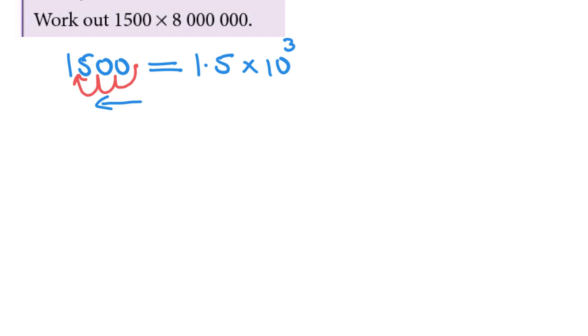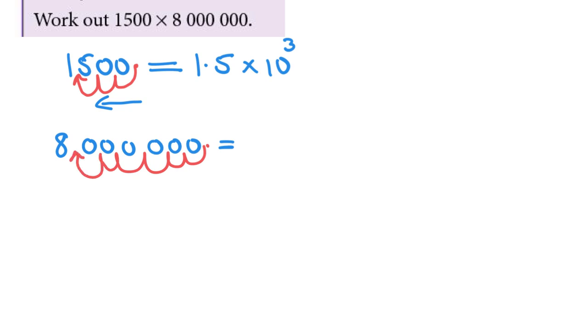Okay, let's do the other one, 8 million. Write this in standard form. So where is the decimal point? Over here. In order to bring this number between 1 and 10, I will shift the decimal point towards left. By how many digits? By 6. 1, 2, 3, 4, 5, 6.